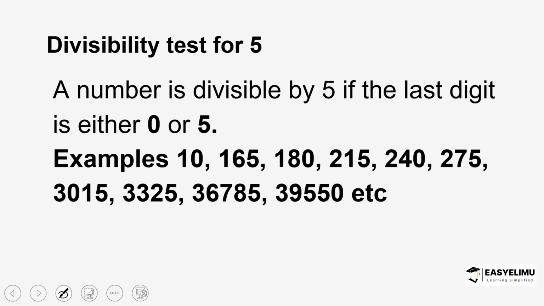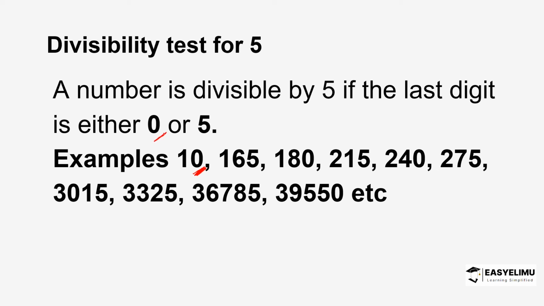Now let's look at the divisibility test for 5. So what is the condition that is necessary for a number to be divisible by 5? We say a number is divisible by 5 if the last digit is either 0 or a 5. So for 5, you'll only check the last digit of the number. An example is 10 here. You see the last digit is a 0.